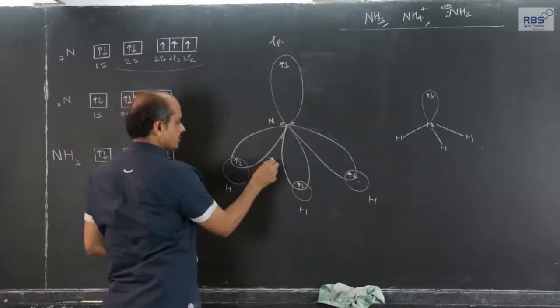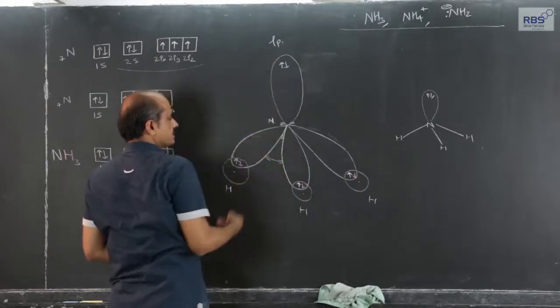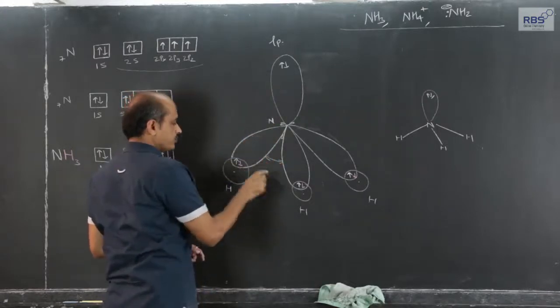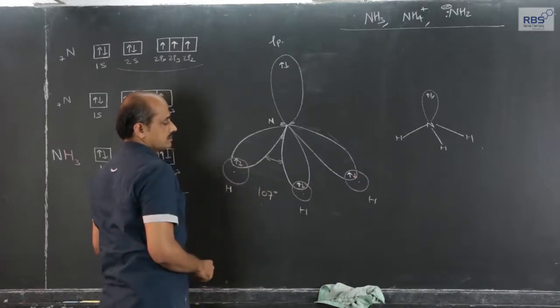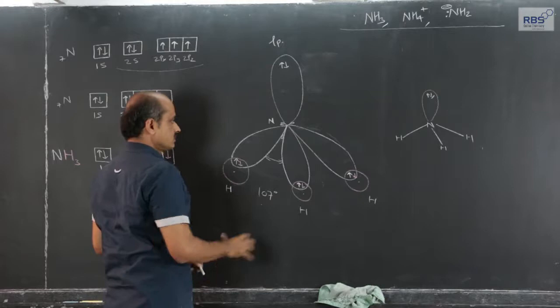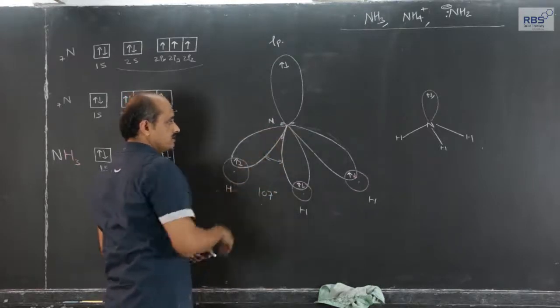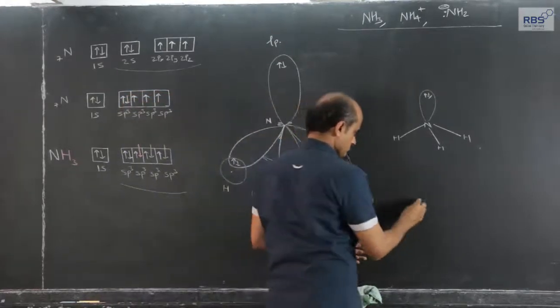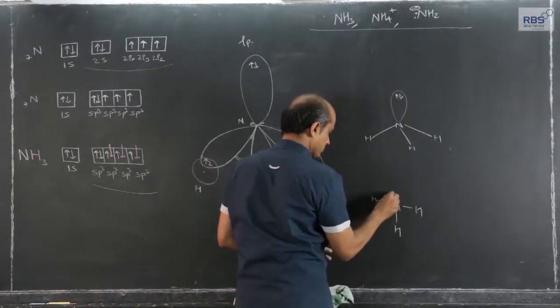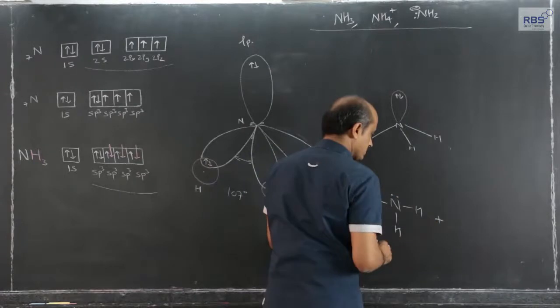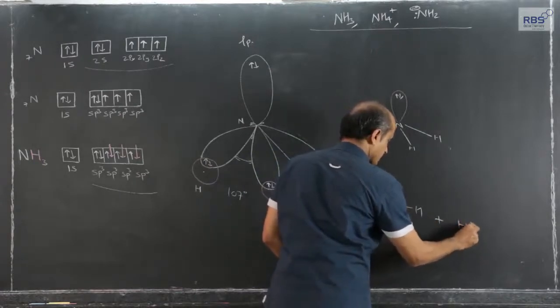And as we have already seen, because of the lone pair, the bond angle reduces to 107 degrees. Ammonia we normally write in this fashion: it reacts with H plus ion.